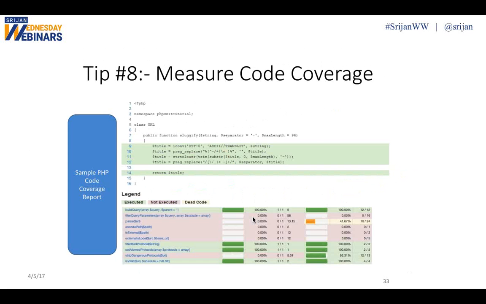Tip number 8, measure the code coverage. Measure how many lines of code you are touching using your automation code. This gives you confidence about how deep your automation code goes. For various languages, for example, if your application is written in PHP, there are some good plugins available in PHP.